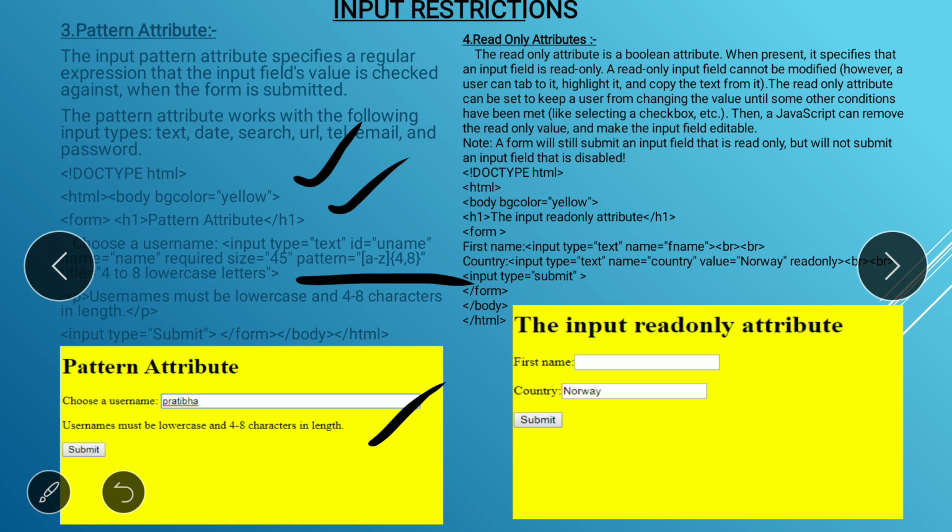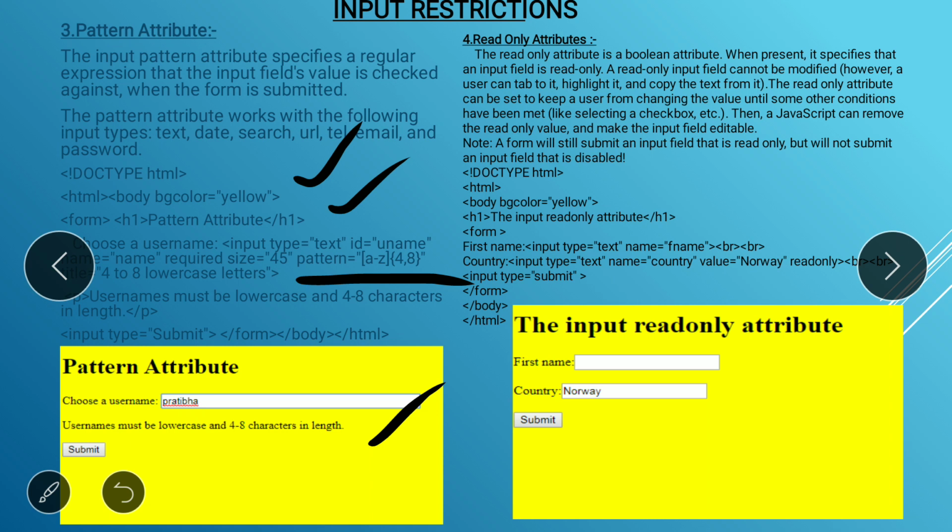You can see, right? What is the meaning of that pattern? You can see first small a dash small z means what? In that you have to enter only small characters. Okay, and 4 8 means the length will be between 4 and 8. That is the meaning of that pattern.